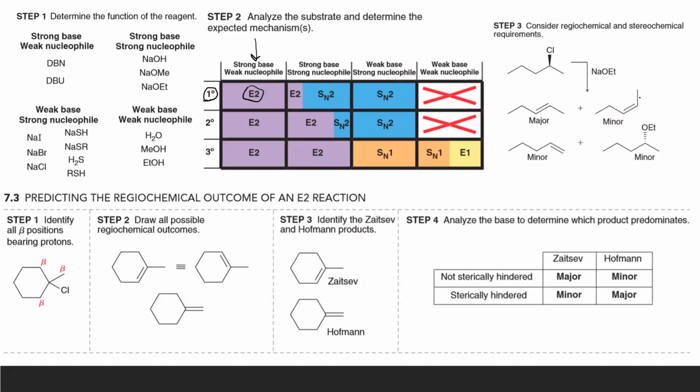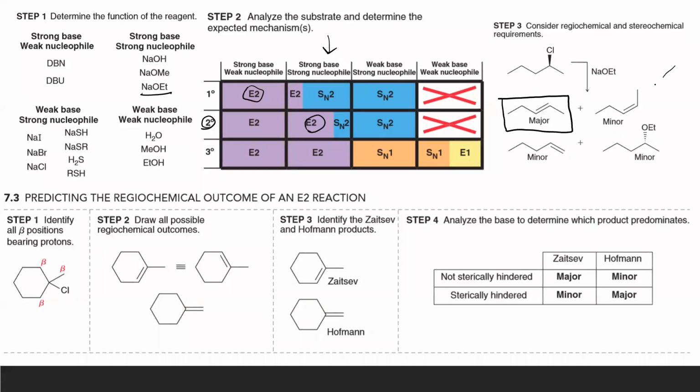In this case, you have a secondary alkyl halide treated with sodium ethoxide. So again, if you look at this chart over here, secondary sodium ethoxide is a strong base and strong nucleophile. The majority product is going to be your E2 product, which is shown here.